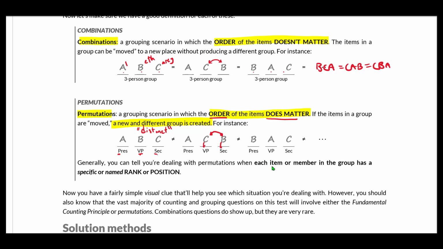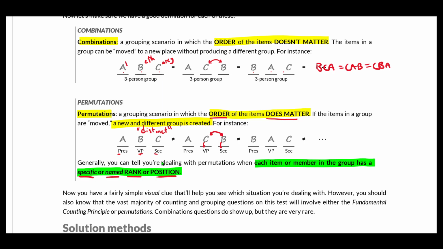It takes some practice. But I will tell you that in my experience, the easiest way to determine whether you are dealing with a permutations question or a combinations question is you read the question and you figure out whether the question is telling you that each member in the group has a specific or named rank or position.